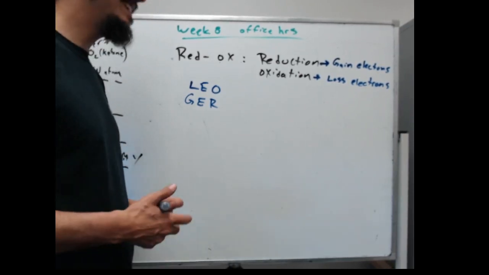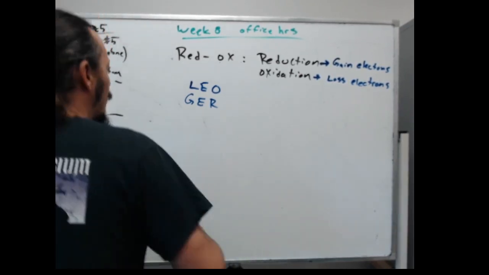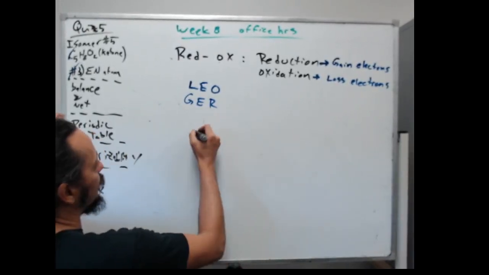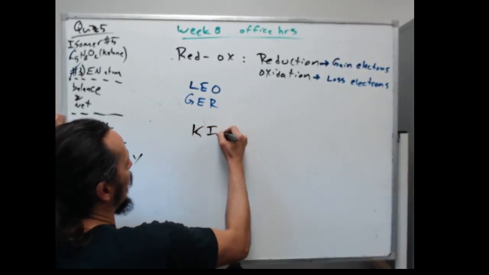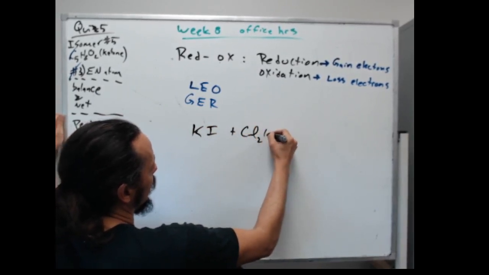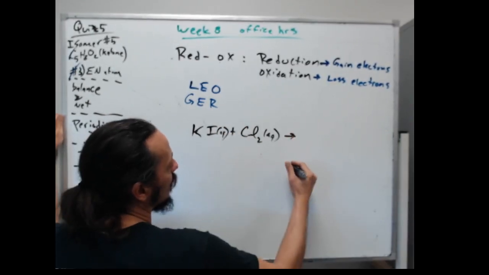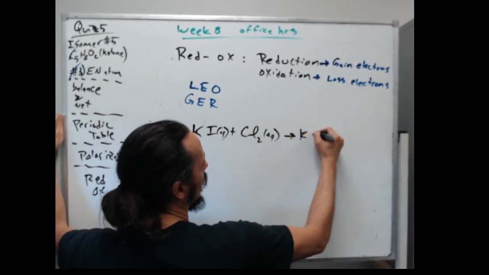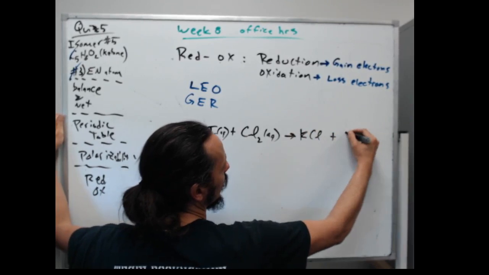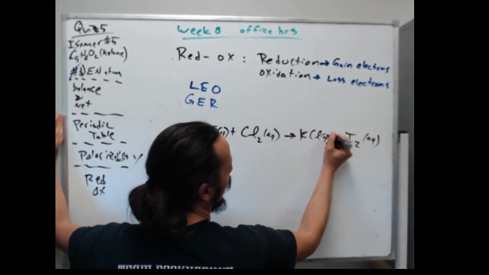I'm going to do an example from something we saw in class last time, which is KI plus Cl2 aqueous goes to KCl plus I2 aqueous.